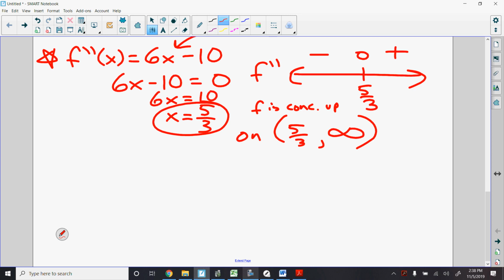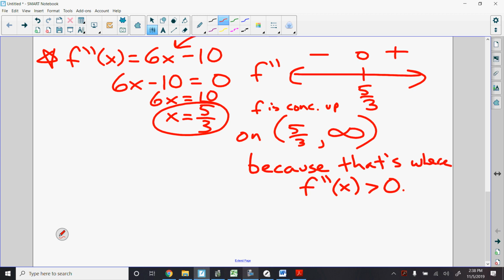And my justification is because that's where f double prime is greater than 0. If I wanted to report where f is concave down, my answer would be from negative infinity to 5/3, because that's where f double prime is negative.